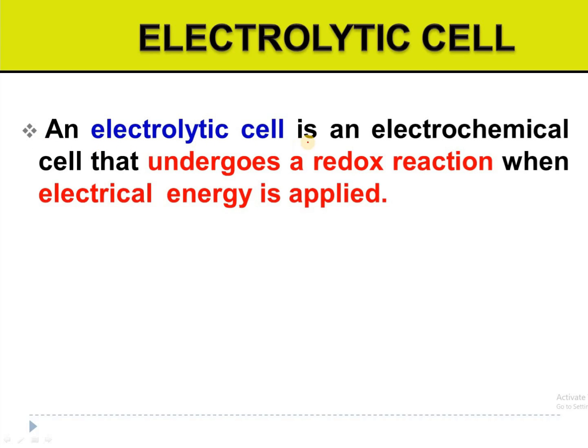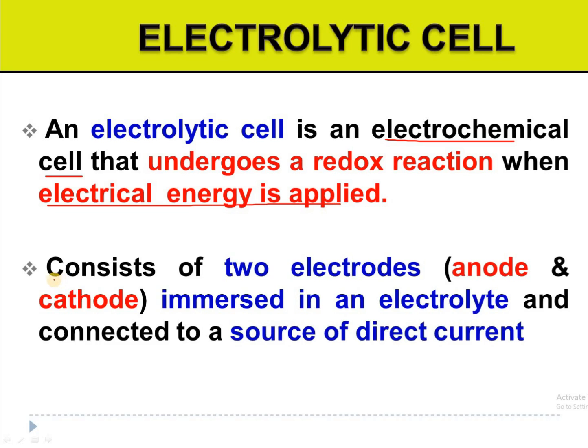What are the components and operation of an electrolytic cell? An electrolytic cell is an electrochemical cell that undergoes a redox reaction when electrical energy is applied. An electrolytic cell consists of two electrodes, anode and cathode, immersed in an electrolyte and connected to a source of direct current.